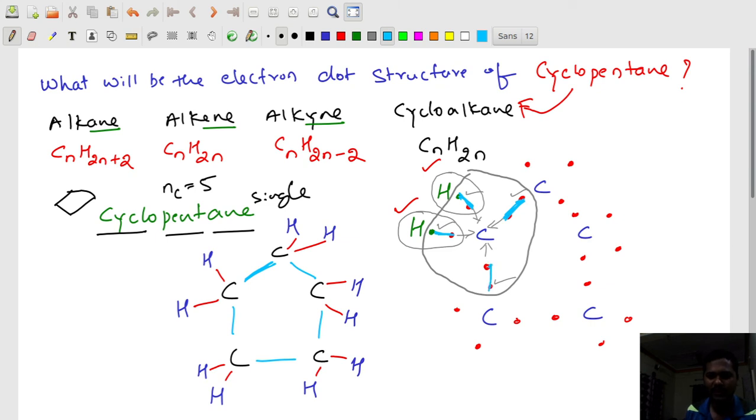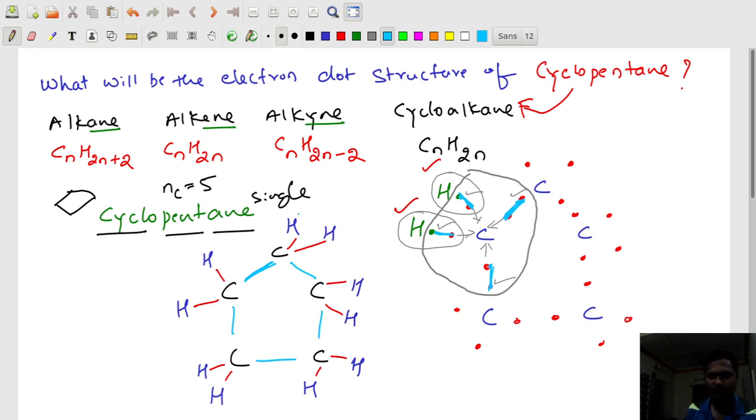You will always find 4 bonds around a carbon. Take any carbon atom in any compound, whether it is alkane, alkene, or alkyne, in any hydrocarbon you will find 4 bonds.